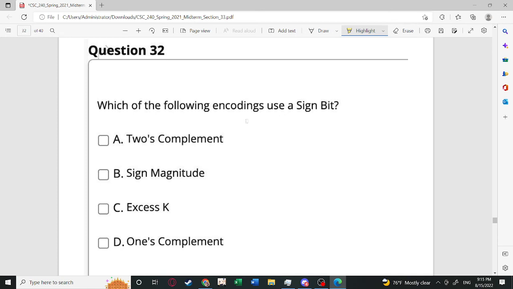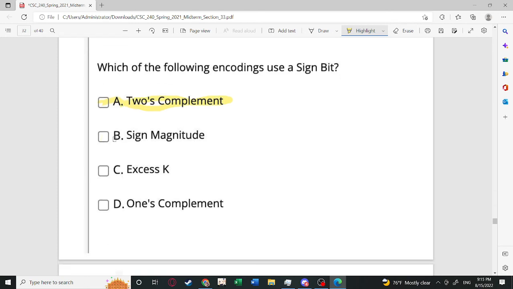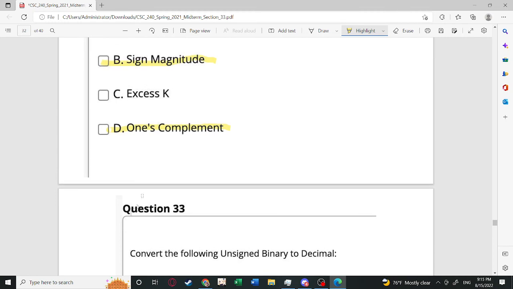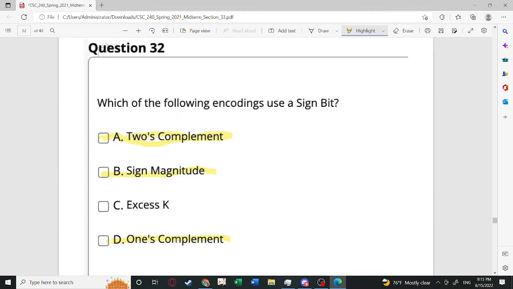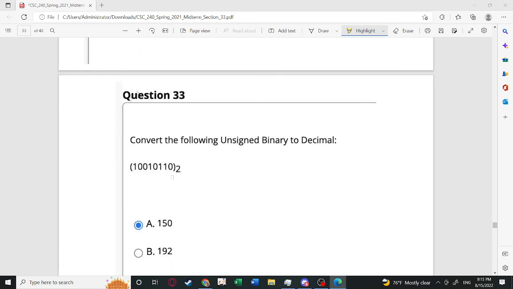And this one, it's two's complement, sign magnitude and one's complement. Same thing as the other one. Okay, for all 3. If you don't do all 3, no credit.